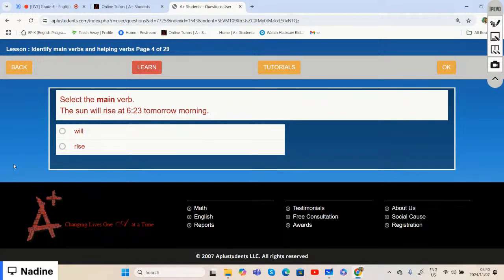Let's go on to the next one. It says we need to select the main verb within the sentence. It says the sun will rise at 6:23 tomorrow morning. The sun will rise at 6:23 tomorrow morning.